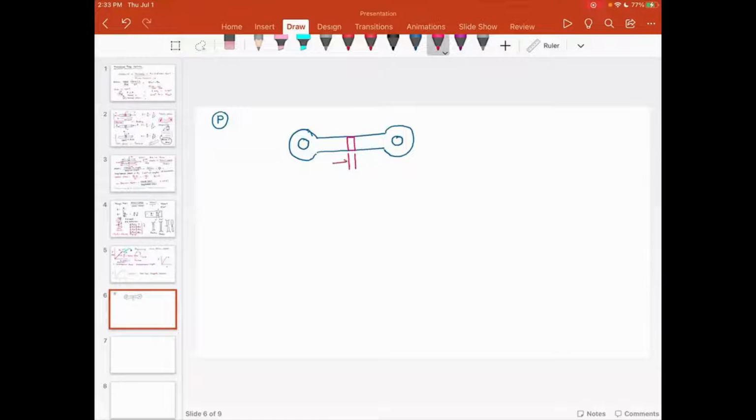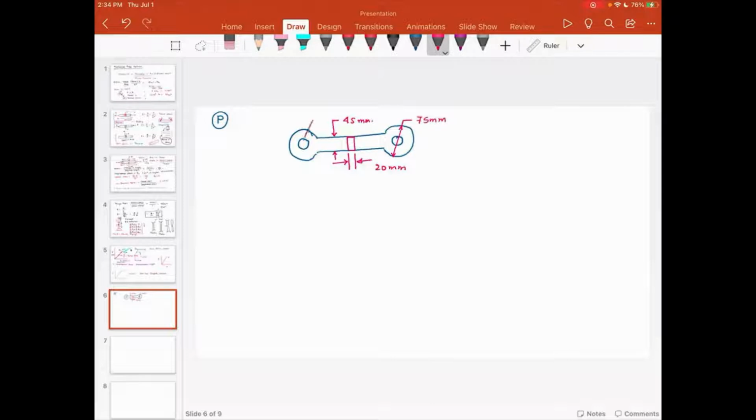This dimension is 20 millimeter. This dimension is 45 millimeter. This outside diameter is 75 millimeter.